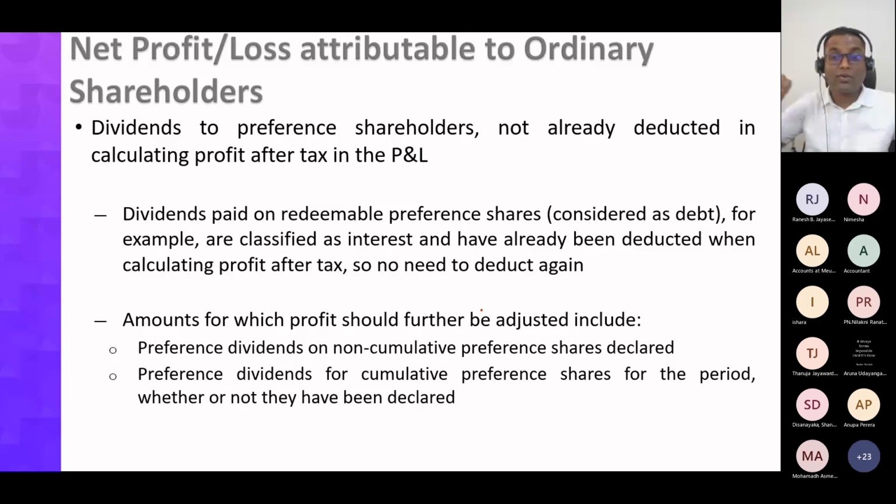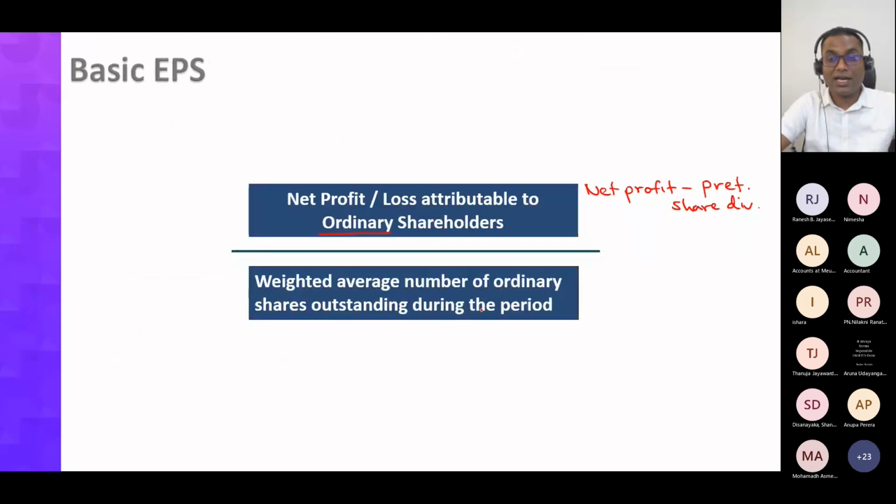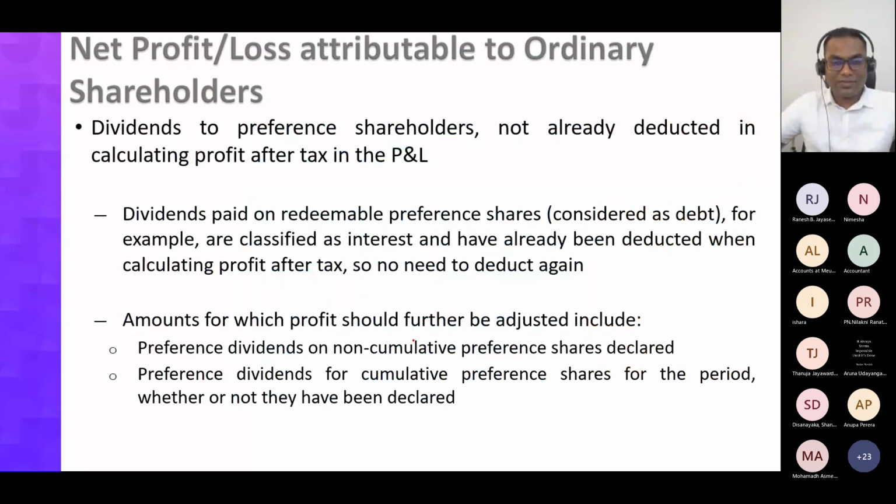But cumulative preference shares means if you do not declare the dividend in a particular year, it is getting accumulated and it has to be declared in future. Because of that, when you take the preference share dividends into the computation, if the preference shares are non-cumulative, you deduct the preference share dividends only if the dividends are declared. Non-cumulative, only if it is declared.